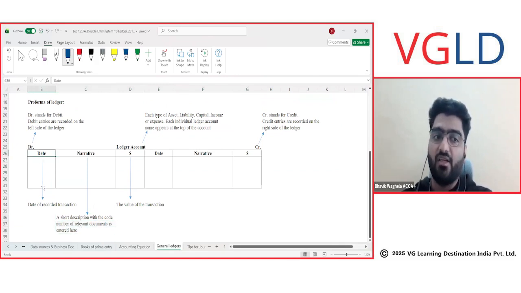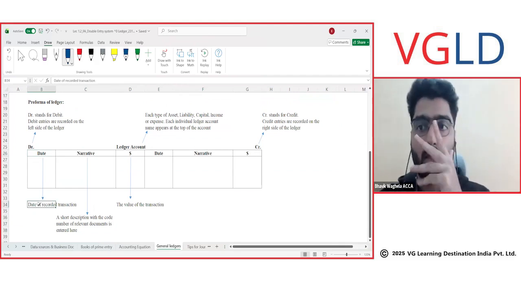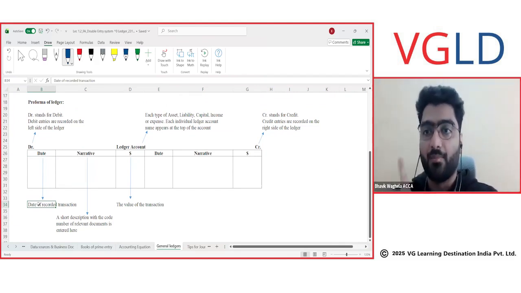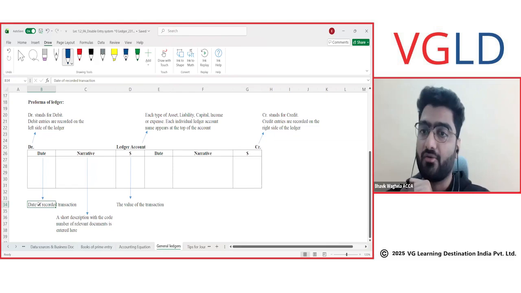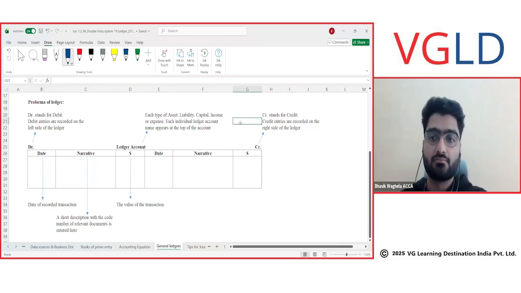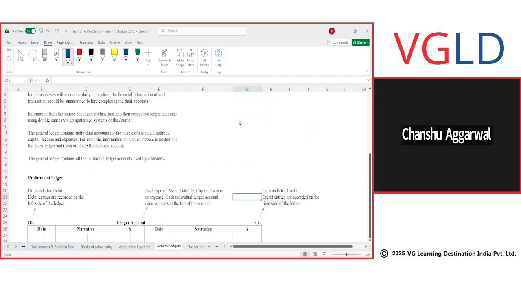And date means the date of the recorded transaction. On which date did a particular transaction happen? Not the date on which you are recording it, but the date of the transaction. Everyone understood this? So this is how a pro forma of ledger account looks like. Everyone? Yes, sir.